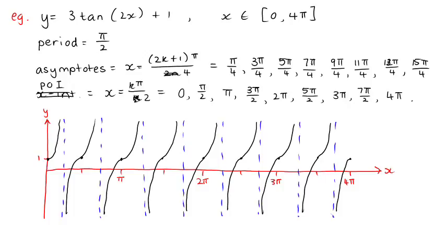Right, let's figure out what these axis intercepts are. So how do you find an intercept? Make y equals 0. So we're going to go up here. It'll be 0 equals 3 tan 2x plus 1. Rearrange that, so you'd get tan 2x equals negative 1 on 3.